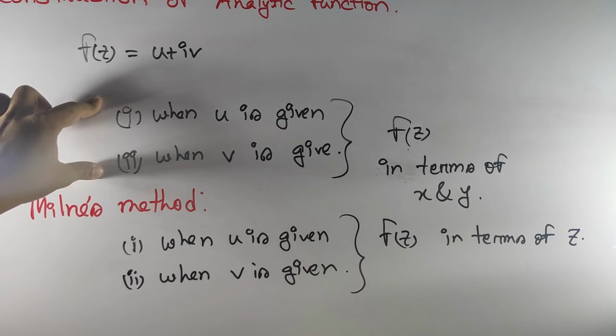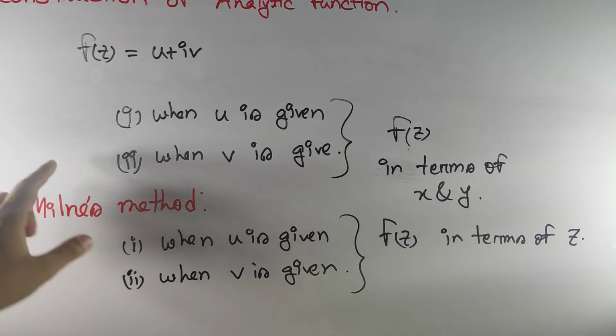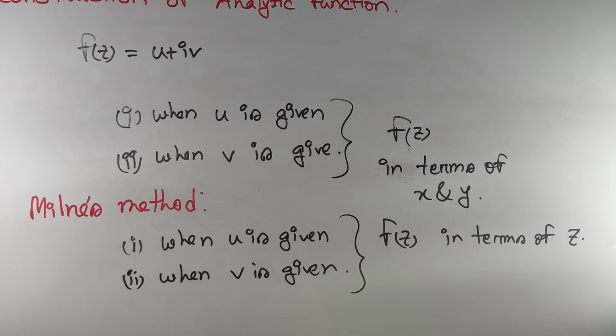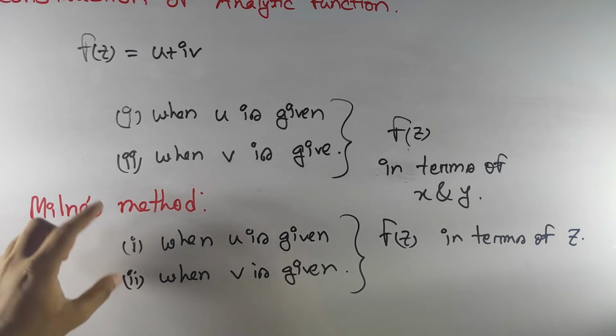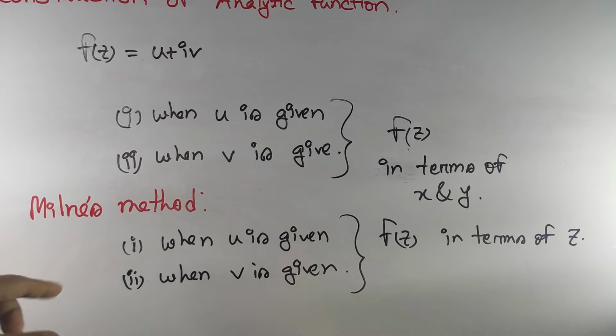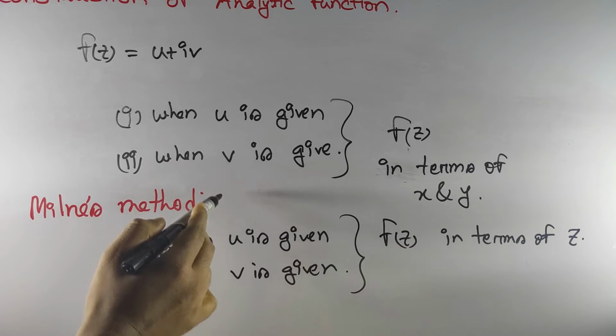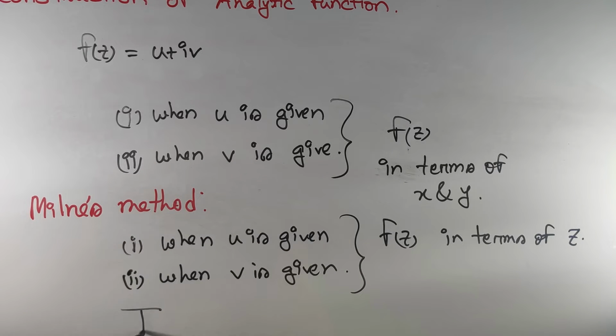By the previous two methods, f(z) will come in terms of x and y. By Milne's method, f(z) will come in terms of z. That means by Milne's method, we don't need to convert f(z) into terms of z from x and y. It will come automatically in terms of z. That's why the answer will come first with Milne's method.